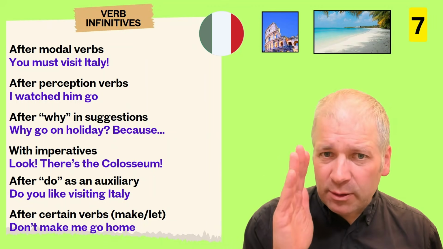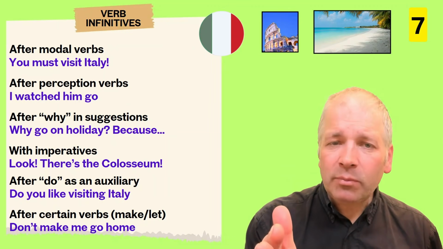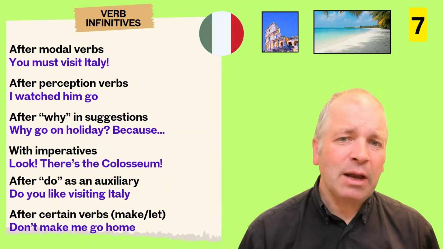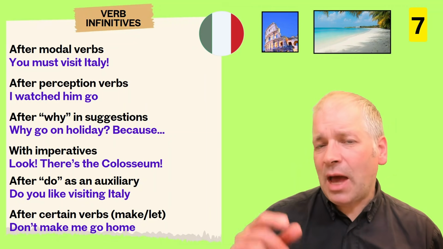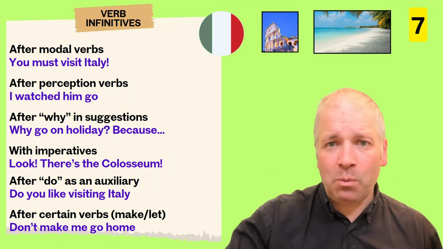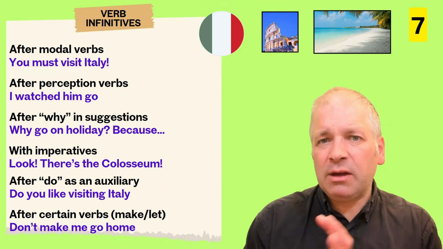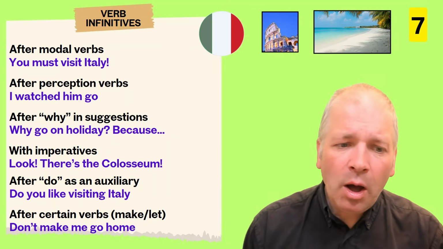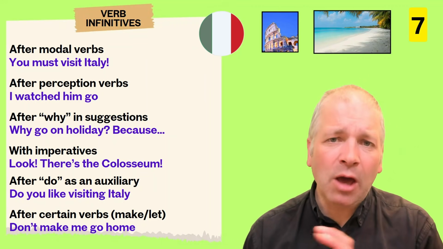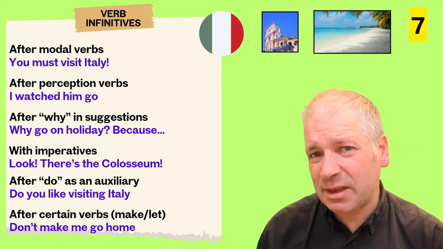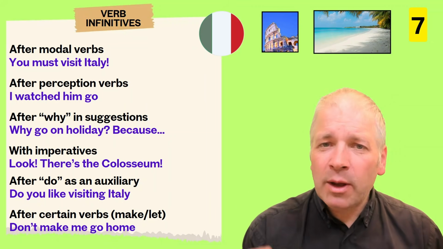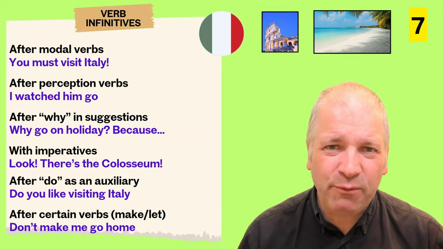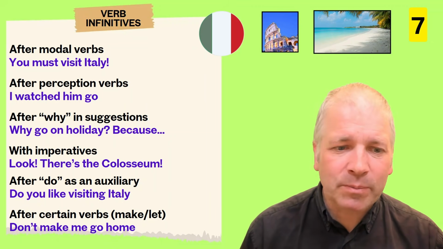So I watched is the perception verb. And then him, that's what I watched. And then the activity he did was go. But in this case, I just used the infinitive here. I watched him go, not to go. I could possibly say I watched him going to turn it into an activity, but go is perfectly acceptable as the infinitive after a perception verb.